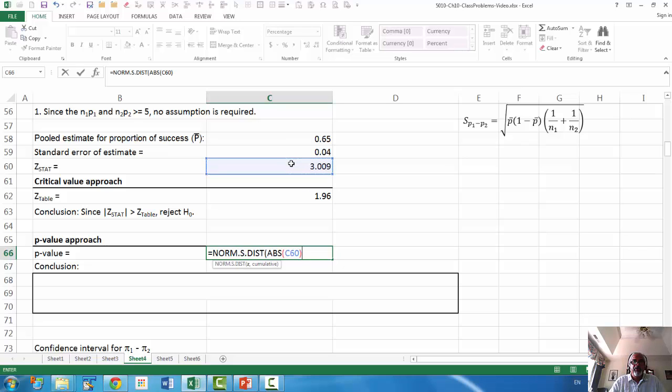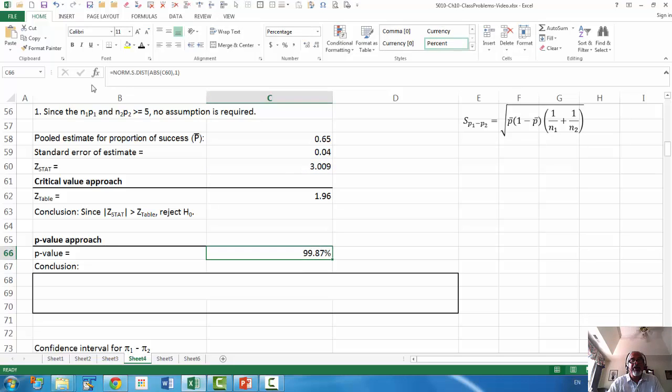NORM.S.DIST will give you the cumulative probability, but what we want is the tail. So we need to do 1 minus this. Well, before that, let's put the cumulative probability, but this is not the tail area, so we need to go back and adjust that to 1 minus that. So that's the tail area.